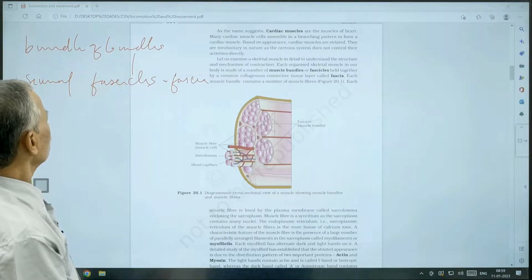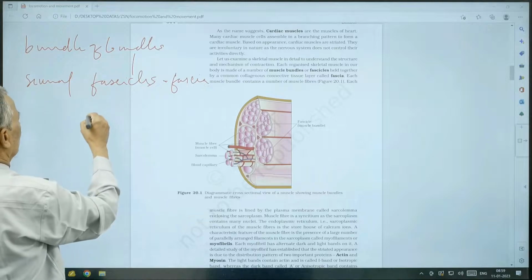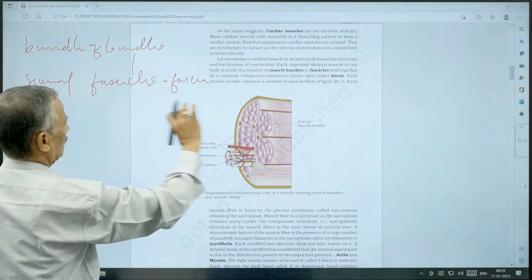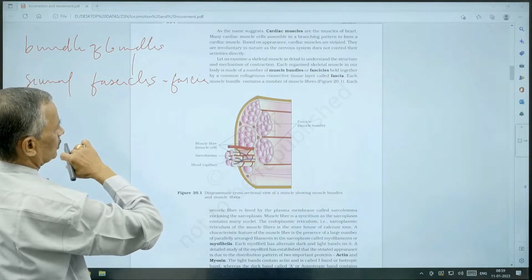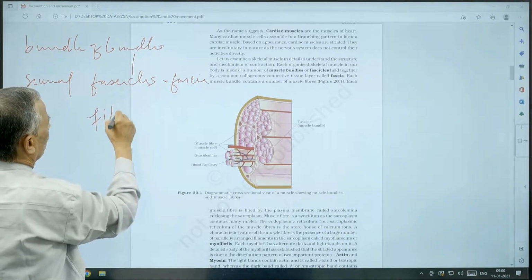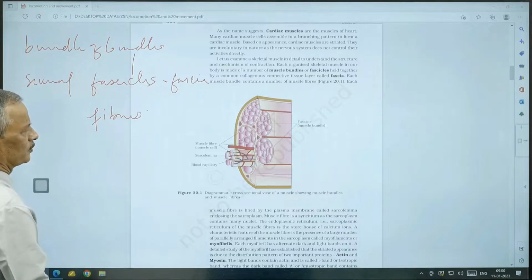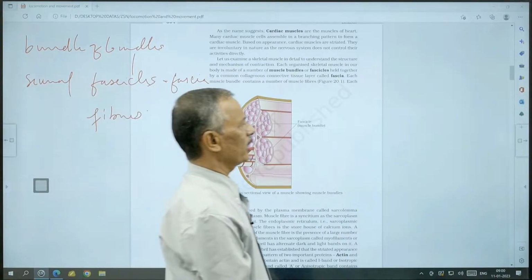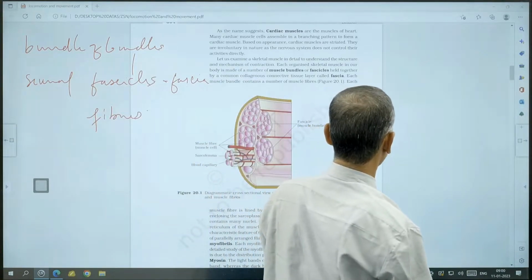Each muscle fascicle is made up of cylindrical, unbranched, tube-like muscle fibers. It is made up of muscle fibers.